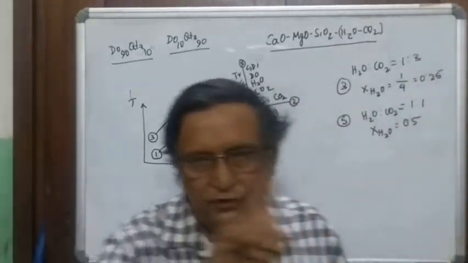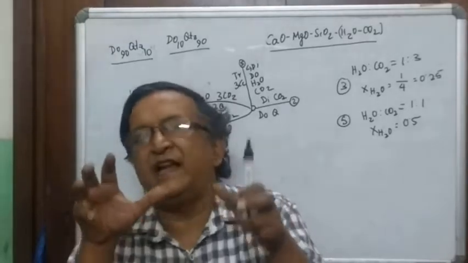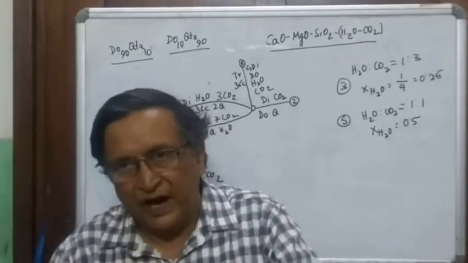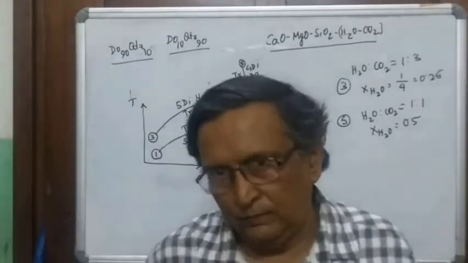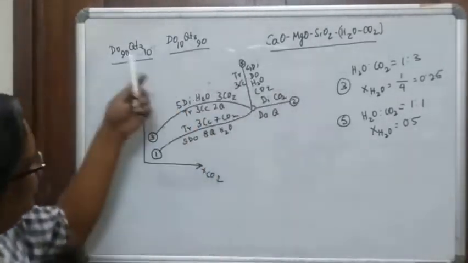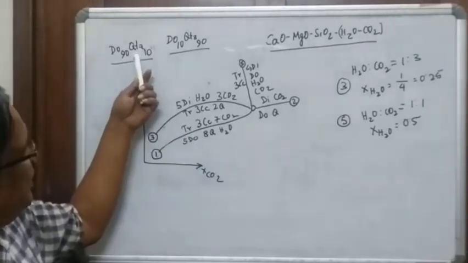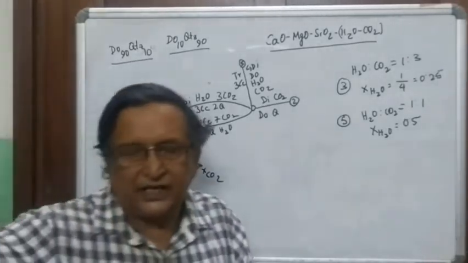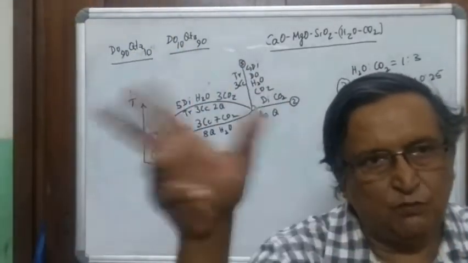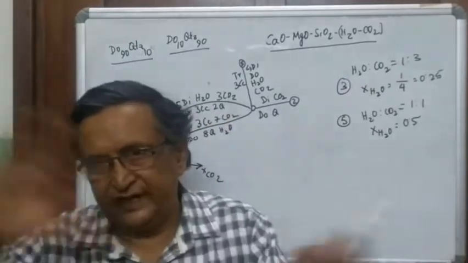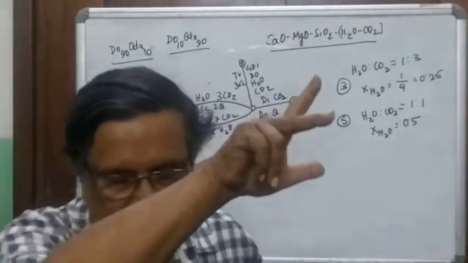That CaO-MgO ratio in both the rocks is the same because CaO and MgO are both in dolomite, where they occur in the ratio 1:1 mole. So the ratio of CaO and MgO is the same, but the proportion of CaO-MgO versus SiO2 changes. So essentially the change is more because of SiO2 variations, not because of CaO-MgO variations.